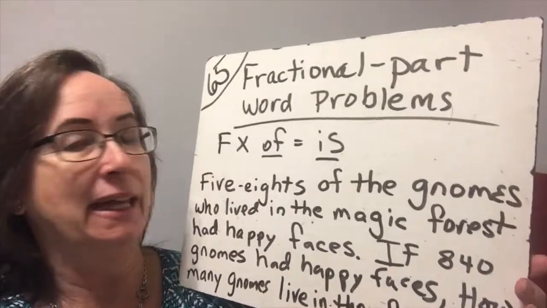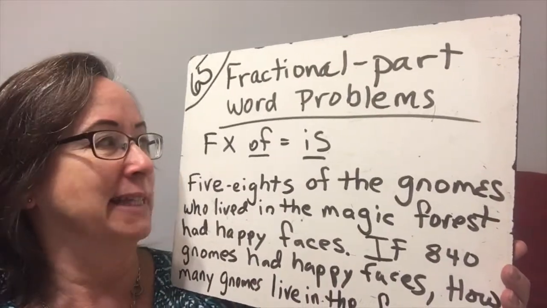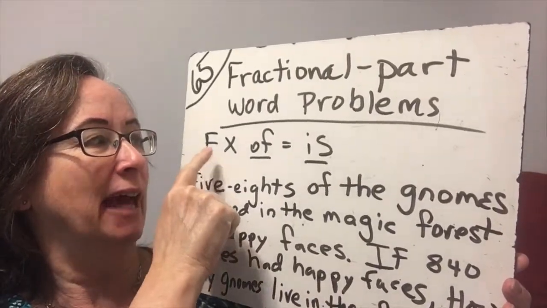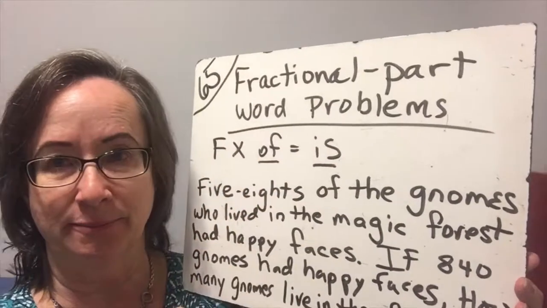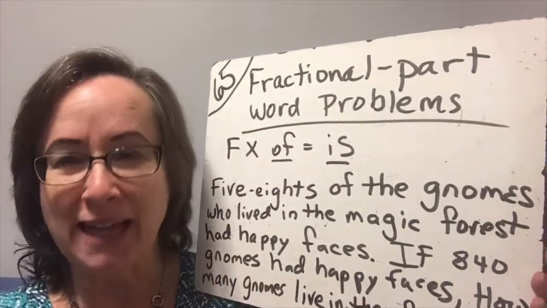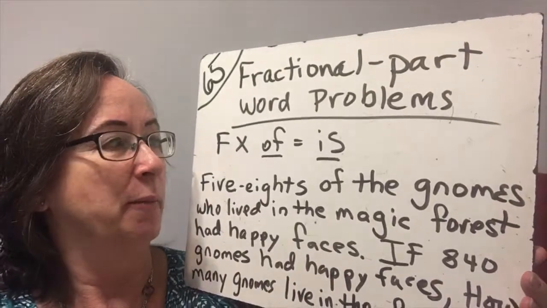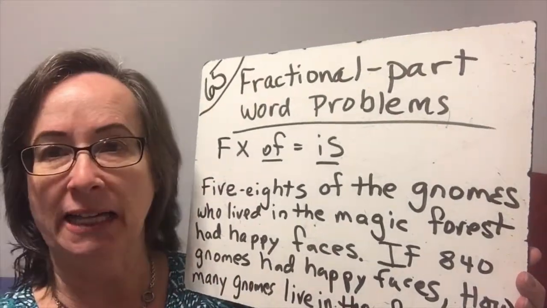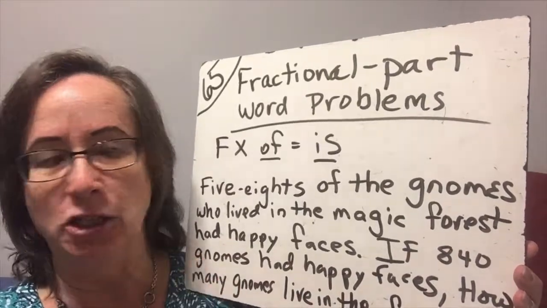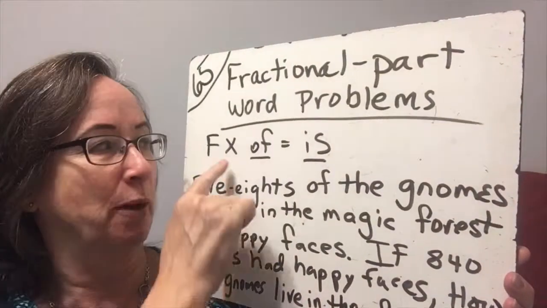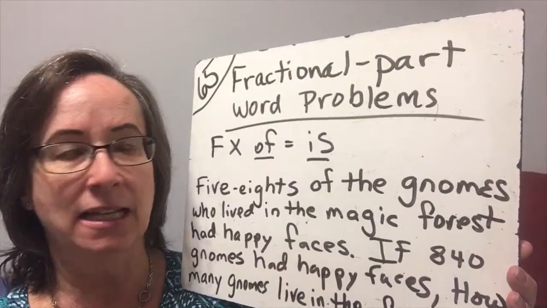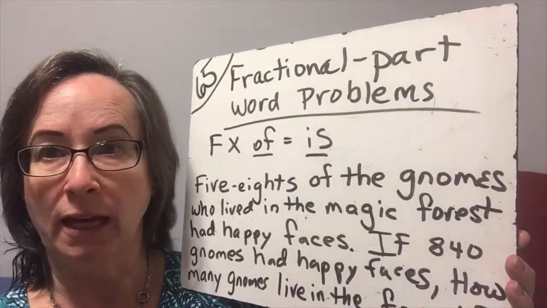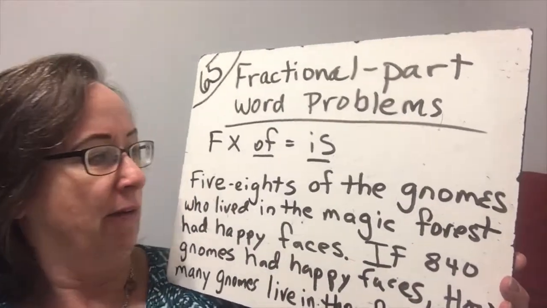But the equation that the Saxon math book has is F times of equals is. You can use that if you want to. Basically, it's the same thing that I'm going to show you, but it's just kind of a little equation that you can remember. But I will be showing you both the equation and another way just to think of it.